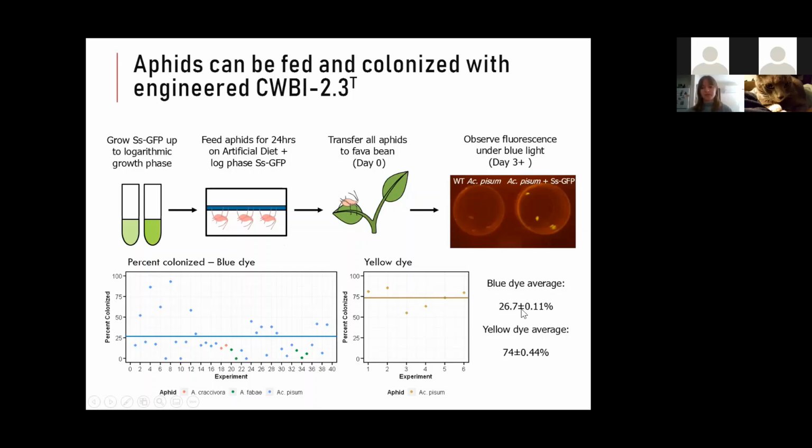And from those experiments, I was getting colonization rates at about 26%, which is not ideal for actually doing further experiments. That's pretty low. But more recently, I've optimized that by actually using yellow food dye instead of the blue food dye. You can't tell which ones ate, but it actually serves as an attractant, and we get much higher feeding rates. So about 24% of the aphids that feed are colonized, which is a lot better, and you can do some great experiments with that then.